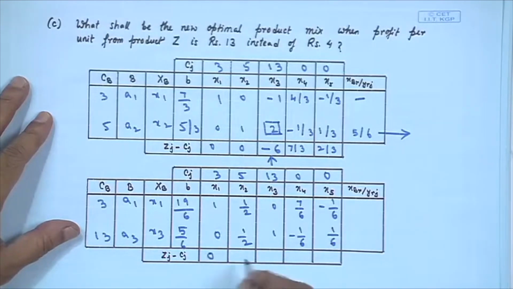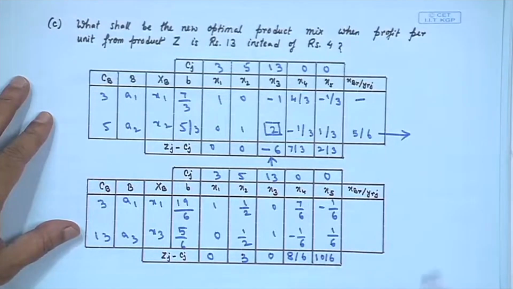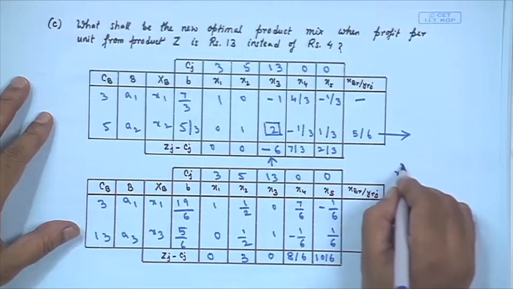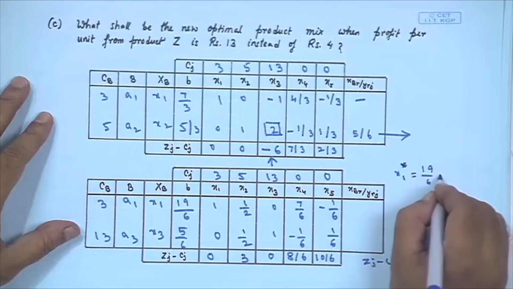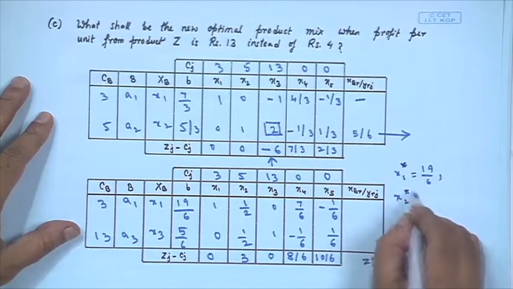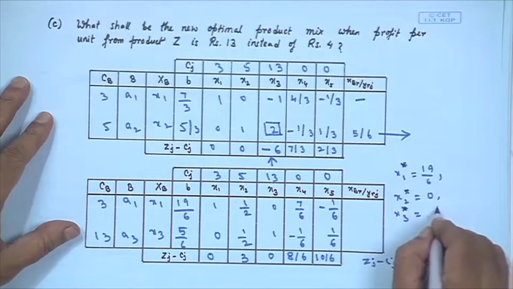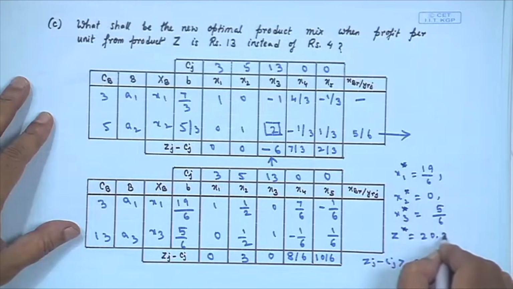If you calculate Zj minus Cj, you will find that 0 3 0 8 by 6 and 10 by 6. So, therefore, your Zj minus Cj is greater than equals 0 for all j. Therefore, the new optimal solution is x1 star is 19 by 6, x2 star is not present in the basis, so it is 0, and x3 star is 5 by 6, and Z star if you calculate is 20.33.